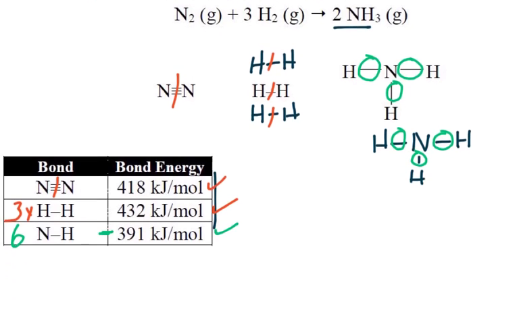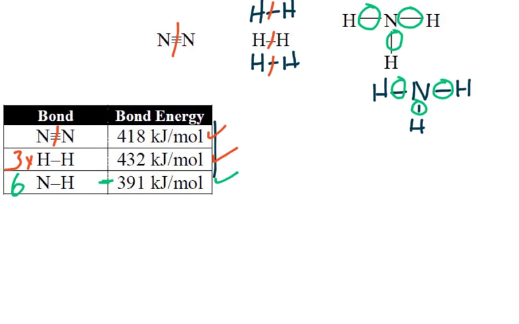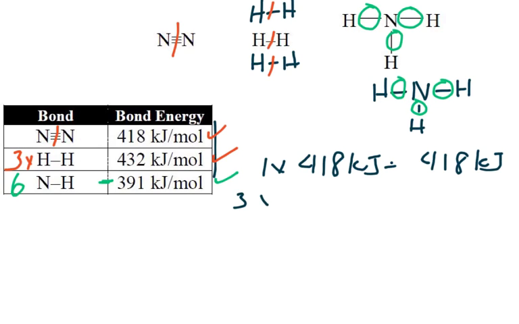Now let's give ourselves some room. So all we have to do is just total all this up. So I'm going to have 1 times 418 kilojoules. That's kilojoules per mole times 1 mole. So that's 418. And then I have 3 times 432 kilojoules, and that's going to end up being 1296 kilojoules.